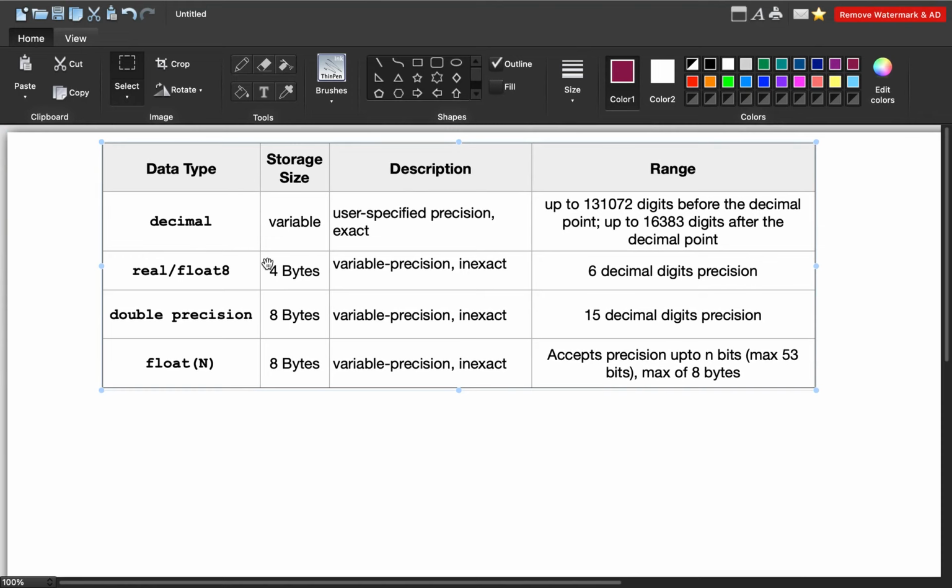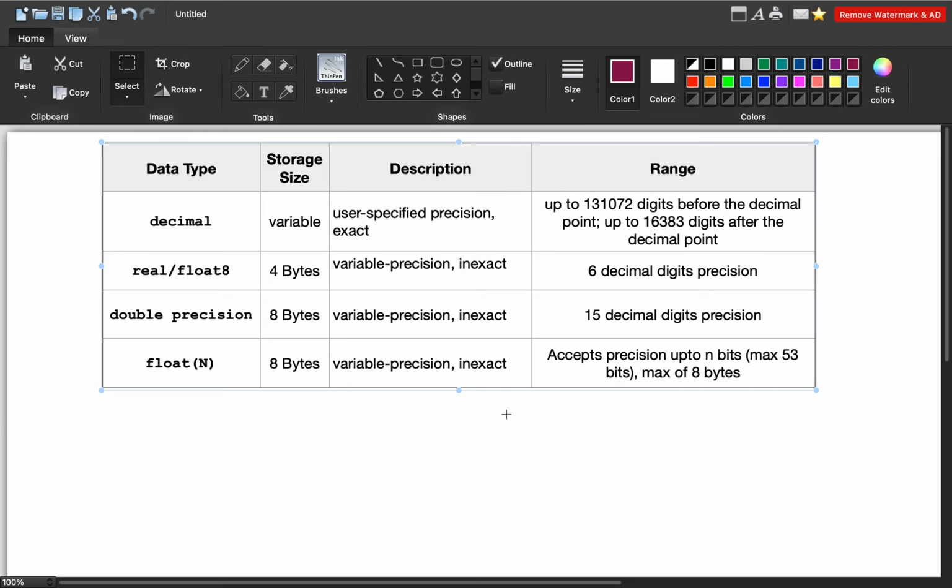That means we do not have a fixed storage size. As and when a value is inserted in the decimal data type, the size varies, right? And the range of the decimal data type is up to 131072 digits before the decimal point, and up to 16383 digits after the decimal point.